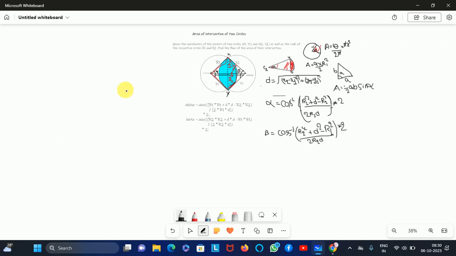So what the common area will be: we have already found the area of this sector.